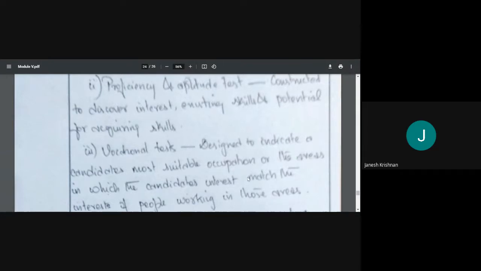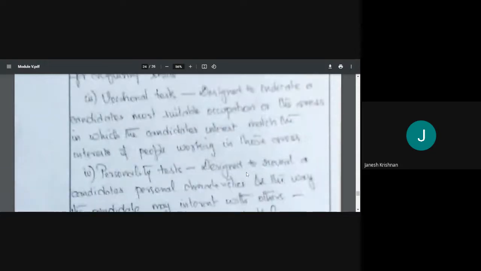Then vocational tests are designed to indicate your suitable occupation. Whenever you go into a company, you will be desiring a certain position. Maybe you have programming skills, so you want to be a programmer or developer.